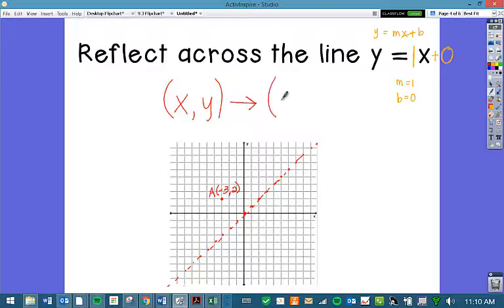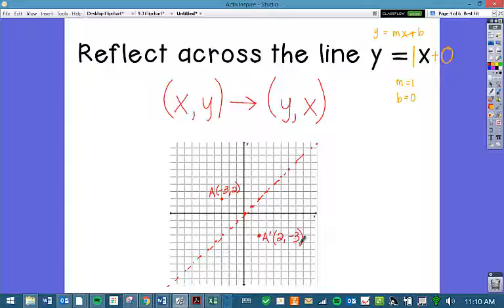They're just going to switch places. So (x, y) is going to become (y, x). So A, which is at (-3, 2), is going to become (2, -3). Here is A prime, (2, -3).